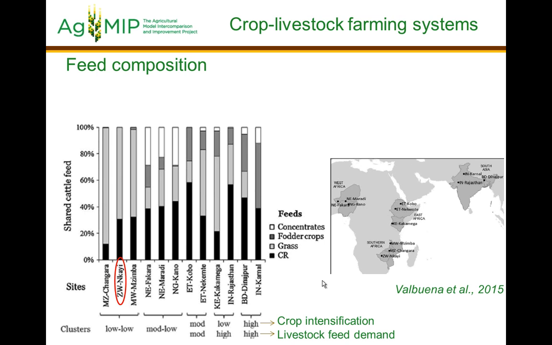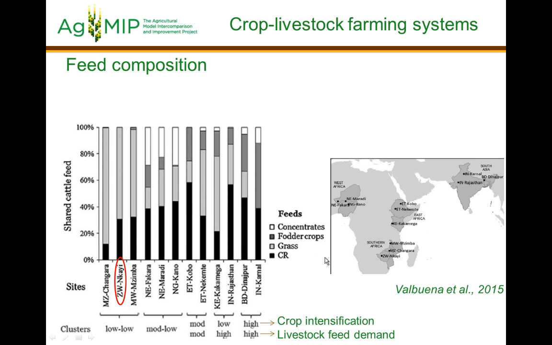Okay, another important characteristic relates to the feed composition in mixed crop livestock systems, or the diet composition. And the figures I'm showing here come from a paper by Diego Valbuena and colleagues that was published in Agricultural Systems this year.